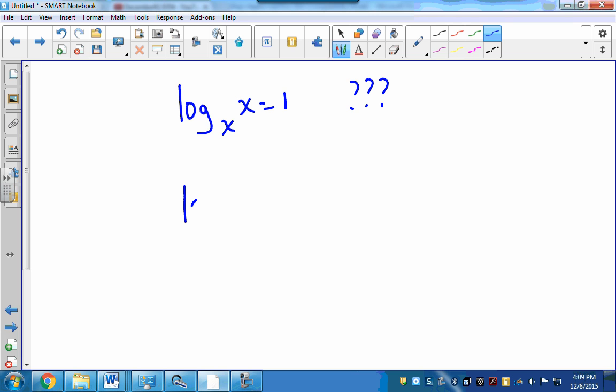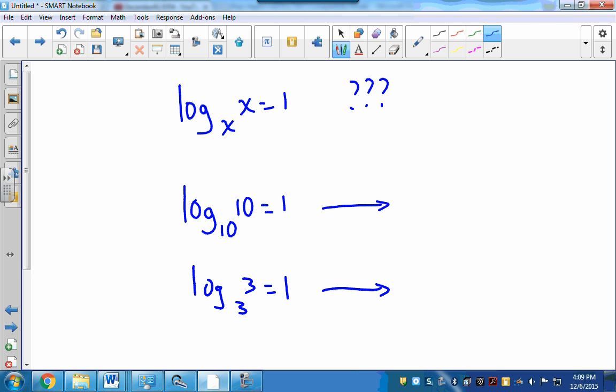Log base 10 of 10 is 1. Log base 3 of 3 is 1. If we translate these, using your Rosetta Stone, this says 10 to the first is 10, or 3 to the first is 3. So that makes sense. Log base x of x is 1.